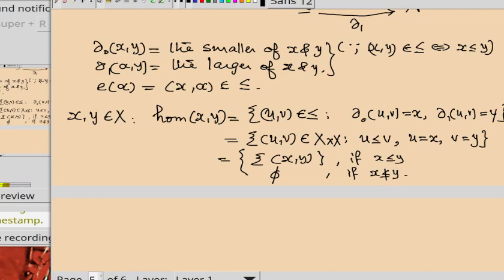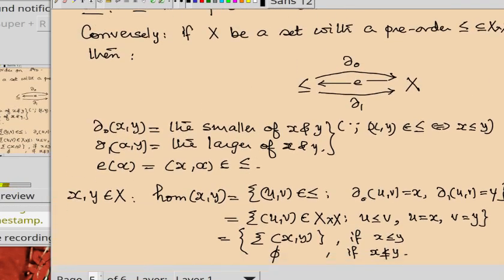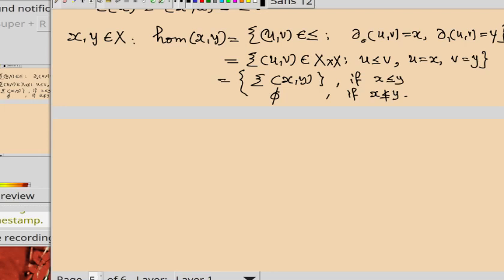So again, what is the picture? The picture is we have a pre-ordered set. If this y is larger, it is as if we are drawing the Hasse diagram of the pre-order. So that's the unique morphism. Okay. So what is my composable pairs?